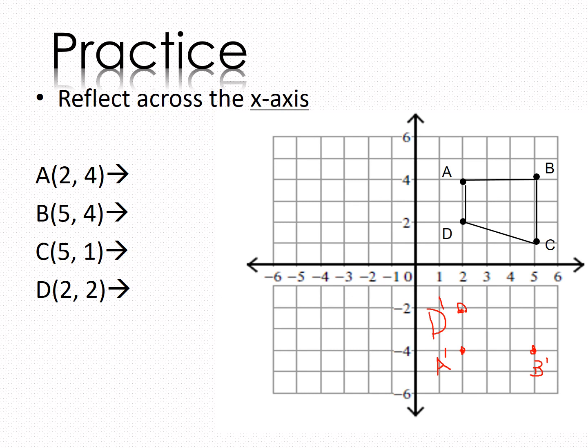And C is over at +5, 1, so it's going to be at +5, -1. Okay, and that's how you're going to reflect across the x-axis.